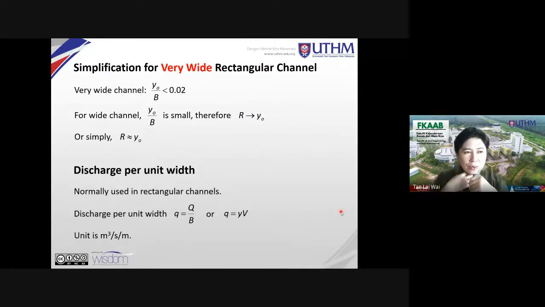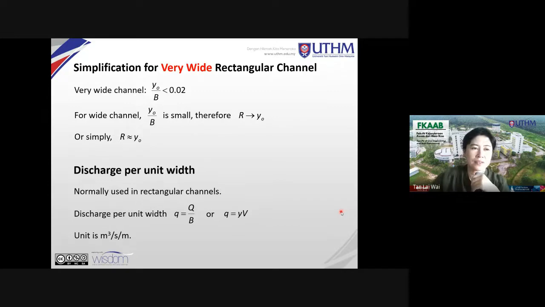We'll continue our lesson. Now, this subtopic is about the simplification that we are going to use when the problem involves a very wide rectangular channel.